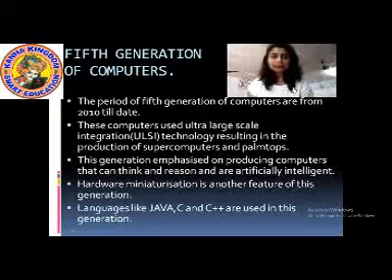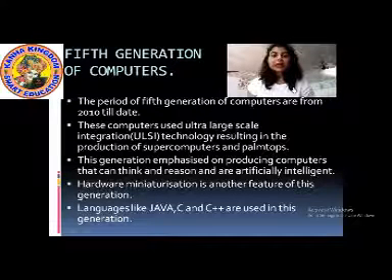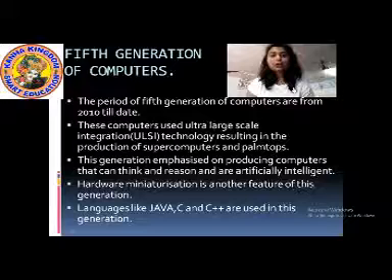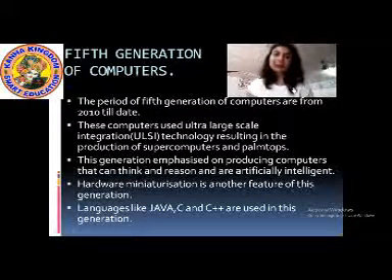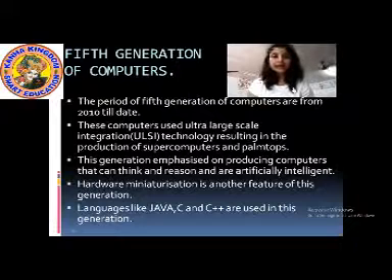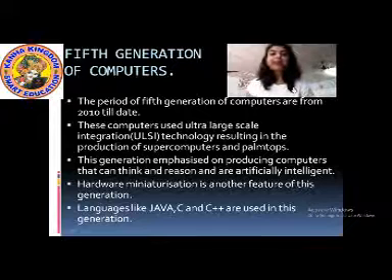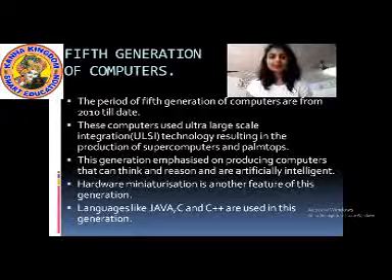Like in a laptop, do you have another keyboard connected to the laptop? No. Everything is in the same thing. You get the monitor, the mouse, and the keyboard in the same device. That is hardware miniaturization, making the big hardware system into smaller systems.